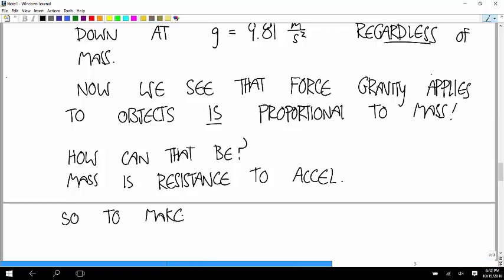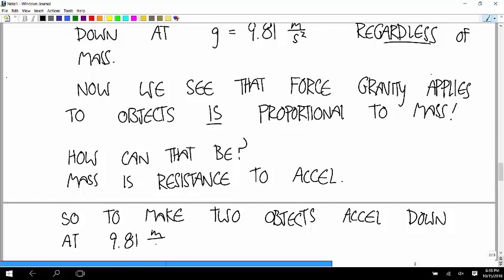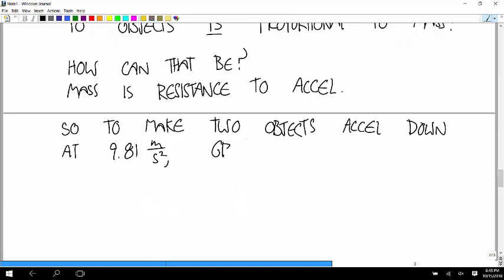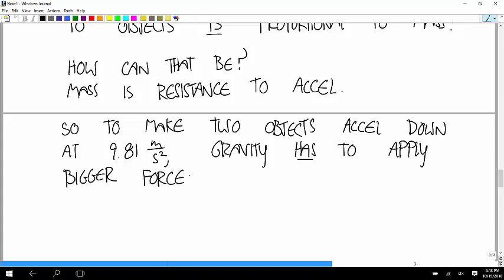So to make two objects accelerate down at 9.81 meters per second squared, gravity has to apply a bigger force to a more massive object. Any questions about that?